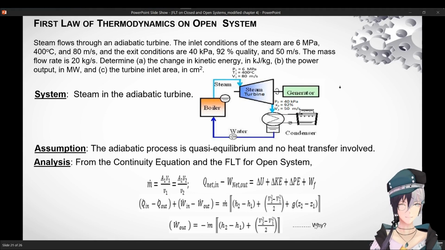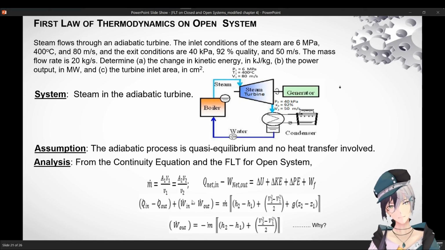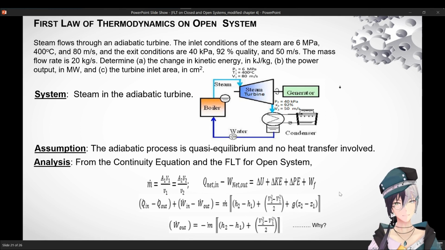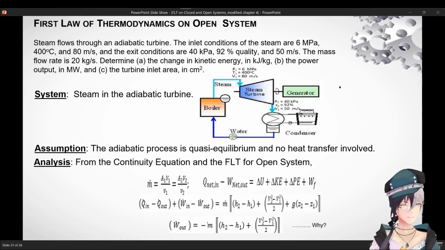I already explained this one. This is cancelled, so this is 0, 0, 0, and we are now left with the work. The final equation will be like this.